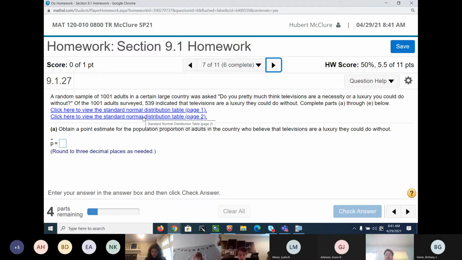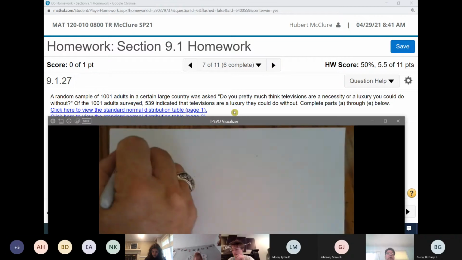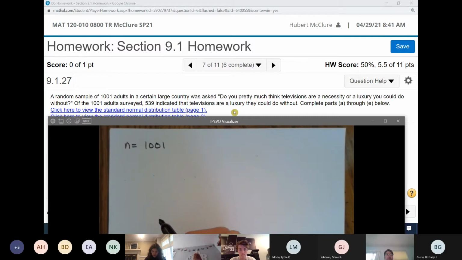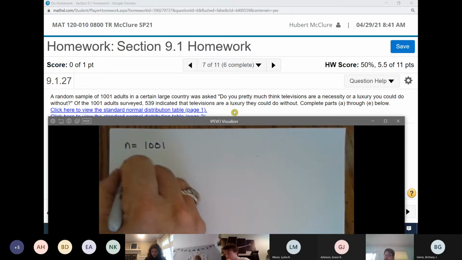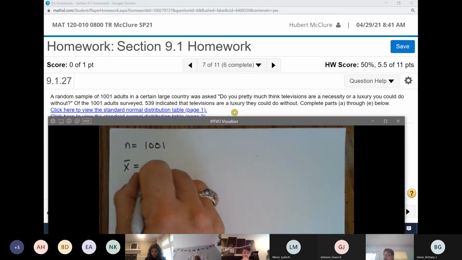Complete parts A through Z below. So N is equal to 1,001. X is equal to 539.